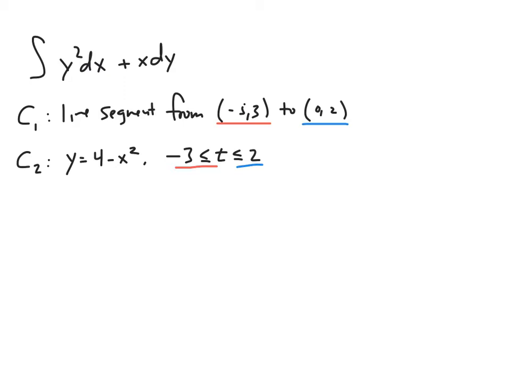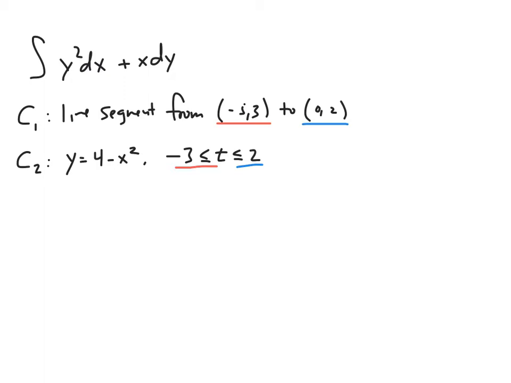C1 is a direct line segment from one point to the other, and C2 takes a parabolic arc to it. And so we saw that these two line integrals had different values. Now you might say, well, this is not a line integral of a vector field, as I just defined path independence for.